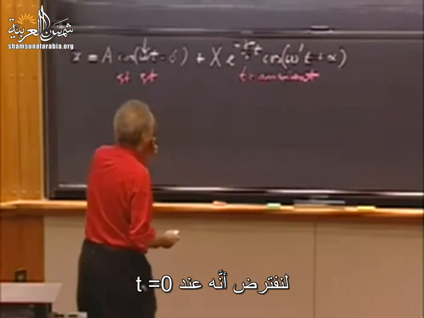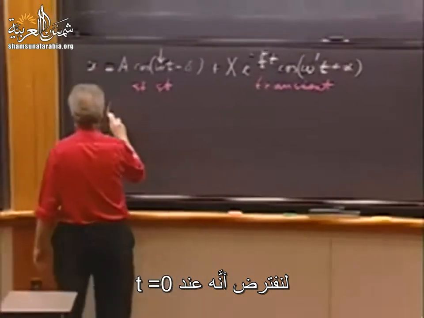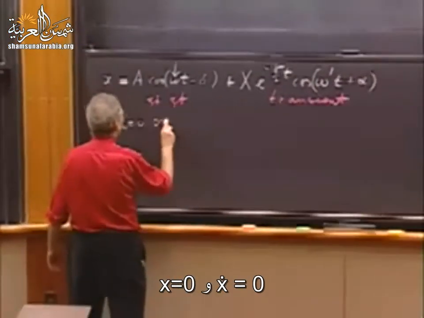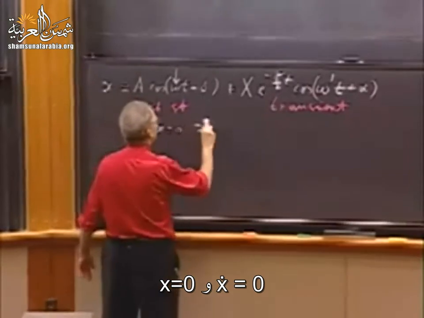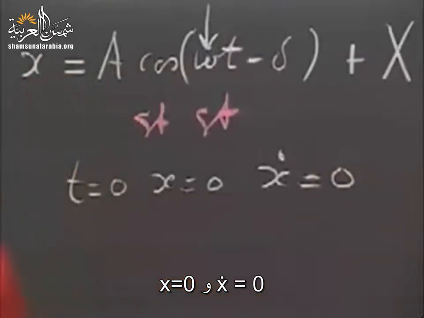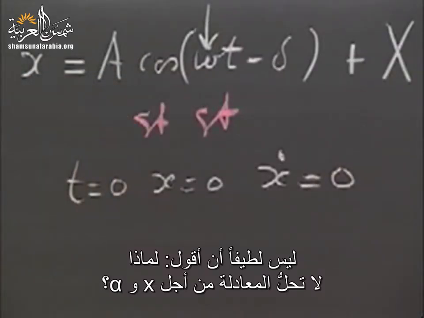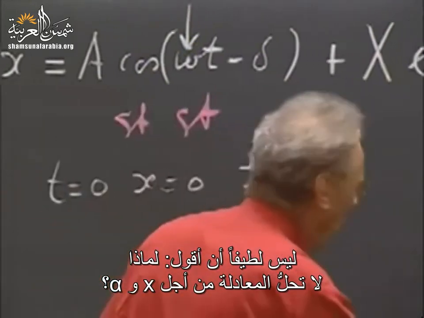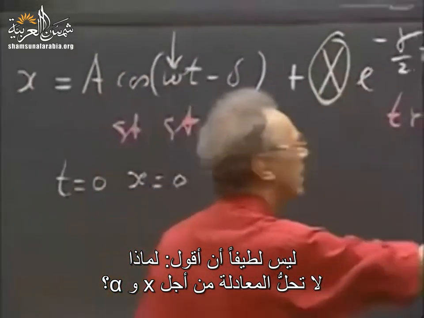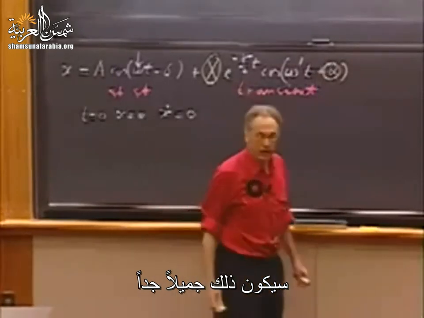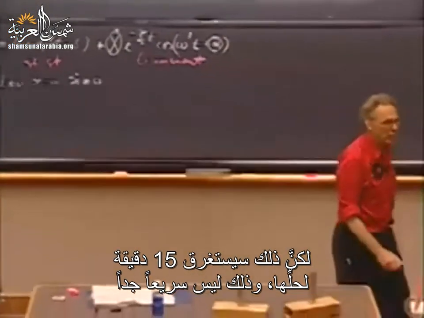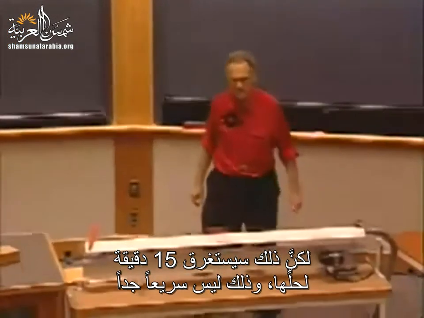Suppose I told you that at t equals 0, x equals 0, and x dot also equals 0, and I was so nasty to say, oh, by the way, why don't you solve for X and alpha? Would be a very nice thing to do, but it would take you 15 minutes of grinding.